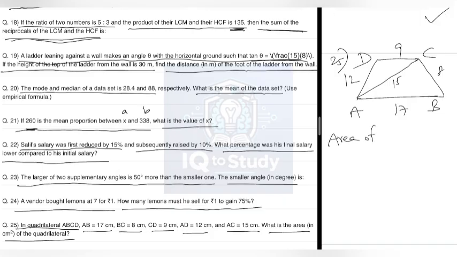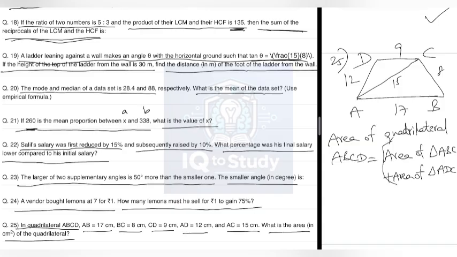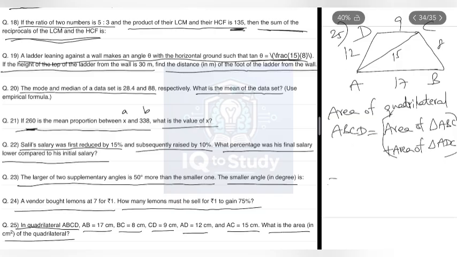The area of a quadrilateral is equal to the area of triangle ABC plus the area of triangle ADC. We know that the area of a triangle is half base into height.